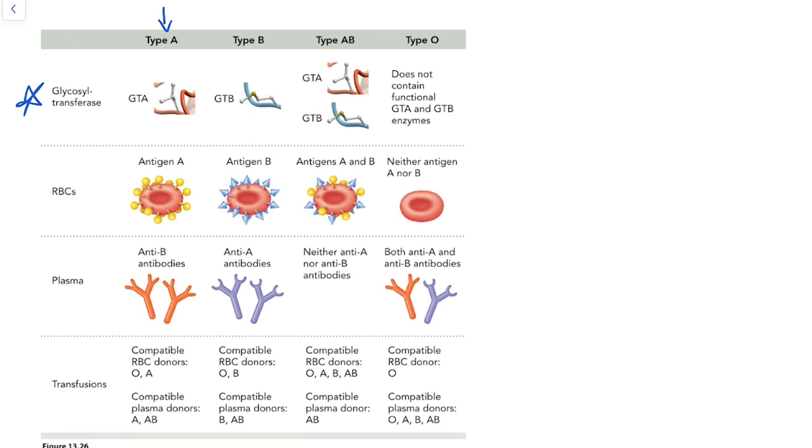The type B blood, on the other hand, in the next column, has the B antigen that decorates the outside of those red blood cells, but is going to have antibodies for the A antigen.